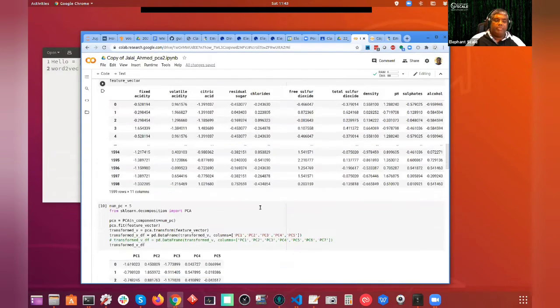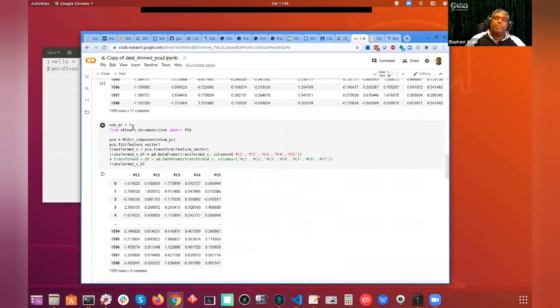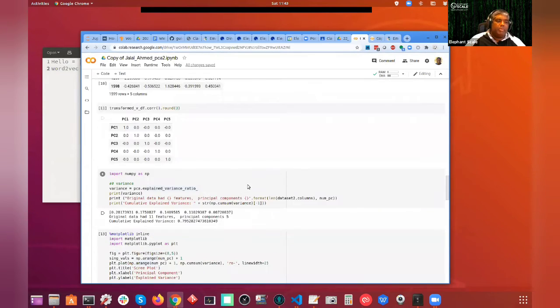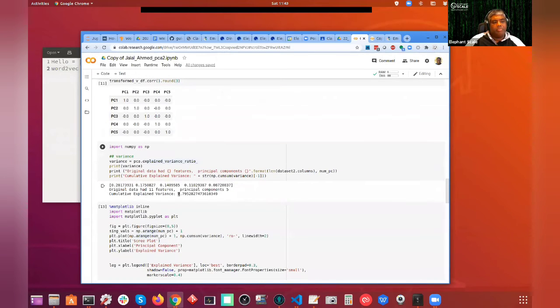But when you do PCA, we've switched them to 5 columns, so completely separate, with new axes. Even with 5 columns, I only have about 80% coverage, not 100%, and that's part of PCA. When you reduce dimension, you're going to lose data.